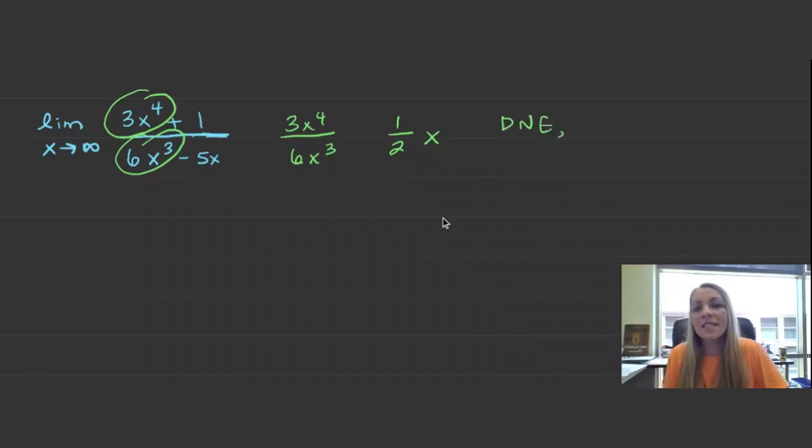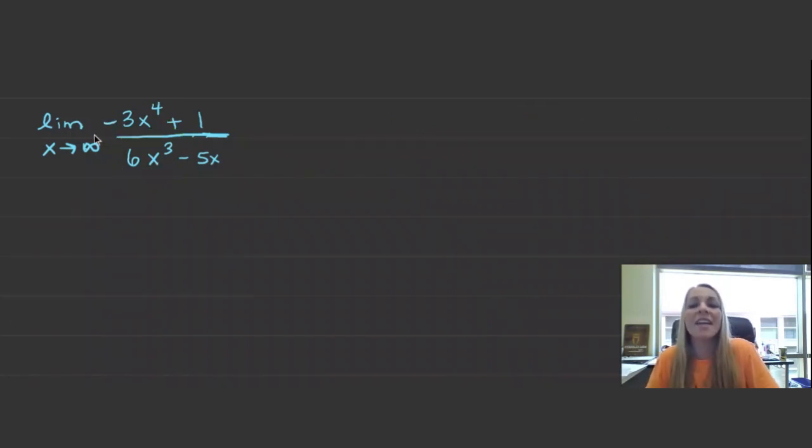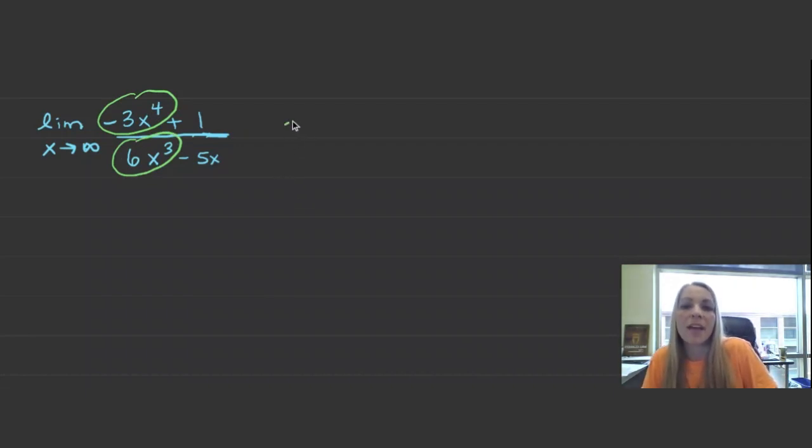But sometimes it's nice to talk about the direction that it's going. So we'll say something like, the limit doesn't exist, however, y is going to approach positive infinity. Now what if instead I have a negative on my dominating term? The dominating term is still this on the top, and still this on the bottom, but now this is going to simplify to negative 1/2 x instead.